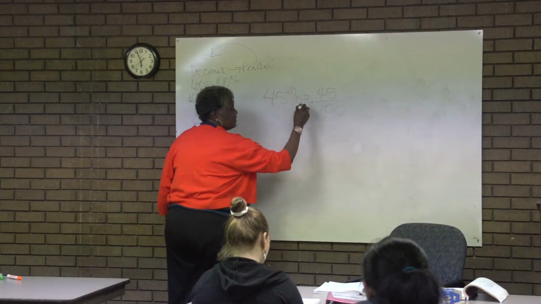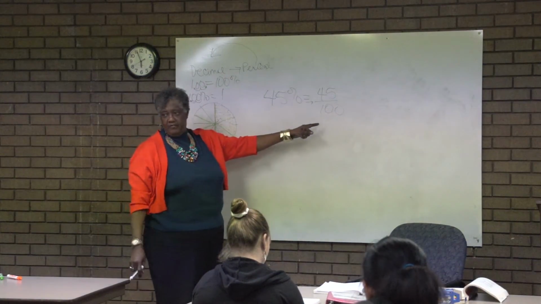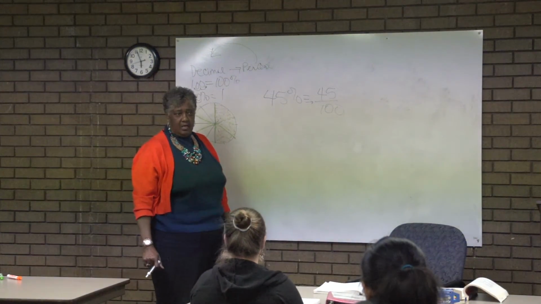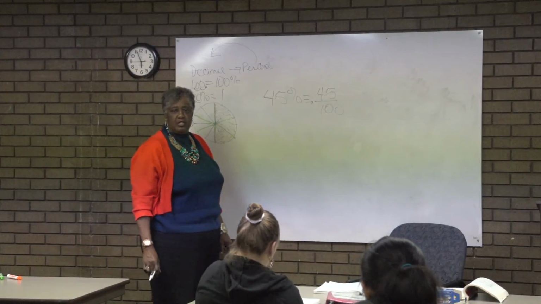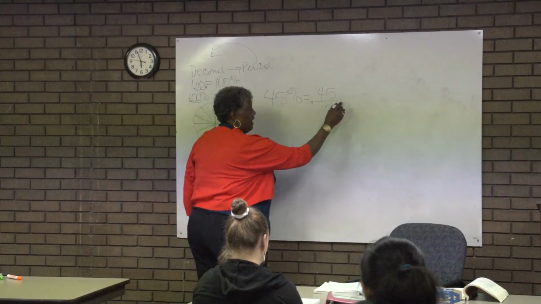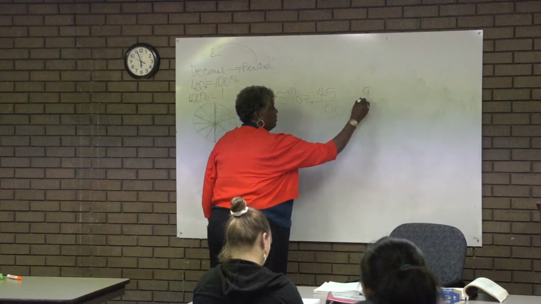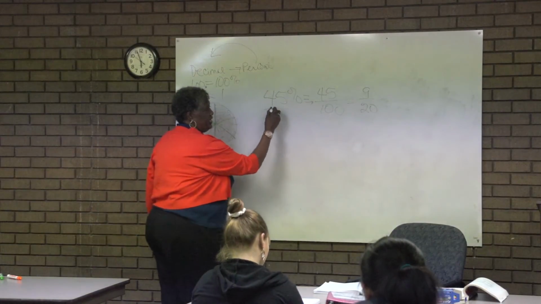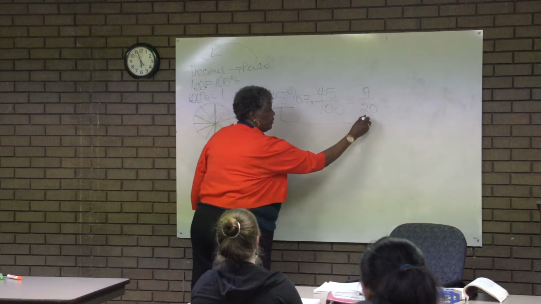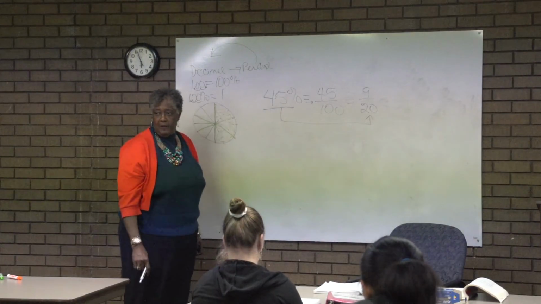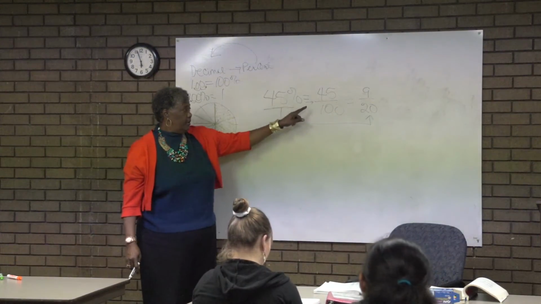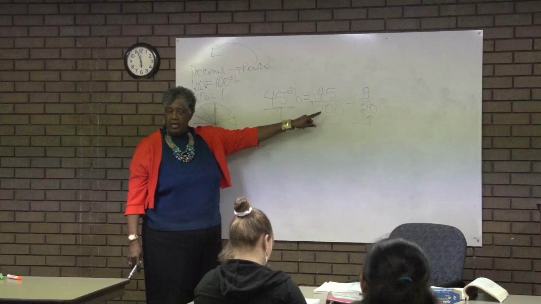Because this is a division sign as well, this says 45 divided by 100. But we can do it like this and then just reduce it. 5 goes into 45 and 5 goes into 100. So this as a percent would equal this as a fraction. You would just put 100 as your denominator and reduce it.